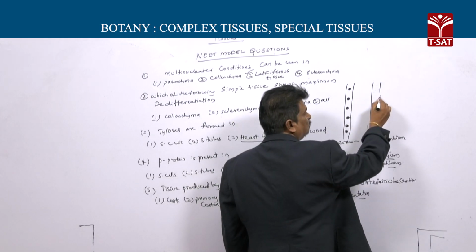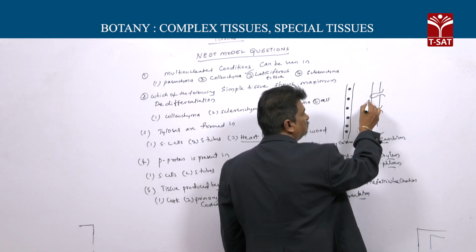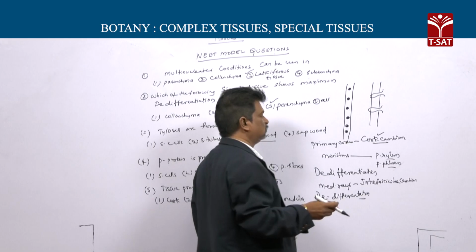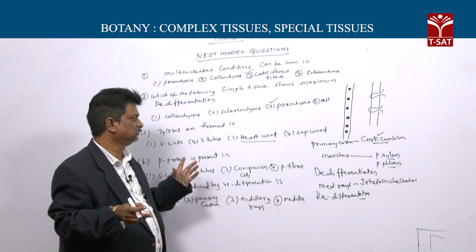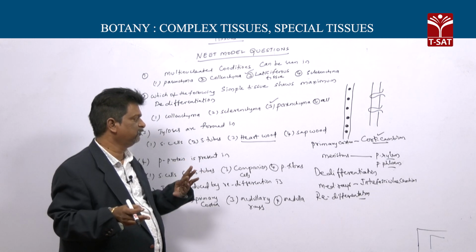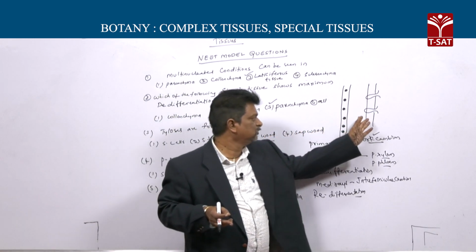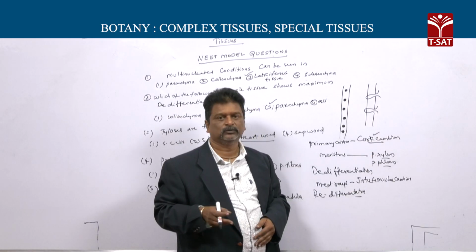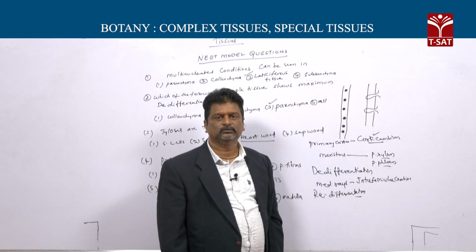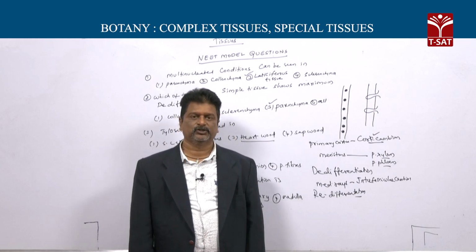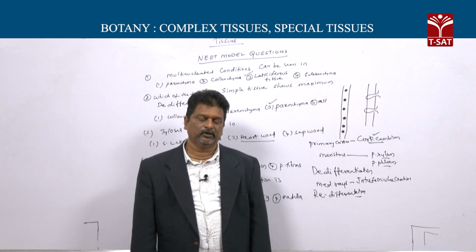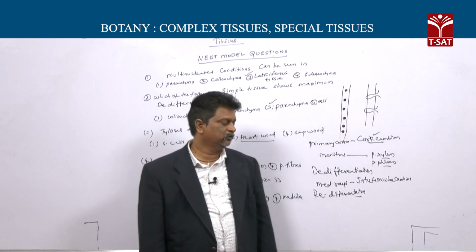Only vessels of heartwood are blocked by these balloon-like structures, called tyloses. Tyloses show both disadvantages and advantages. Disadvantage, due to formation of tyloses, conduction is stopped. That is why heartwood is not useful for conduction. Advantage, tyloses prevent the entry of harmful pathogens.